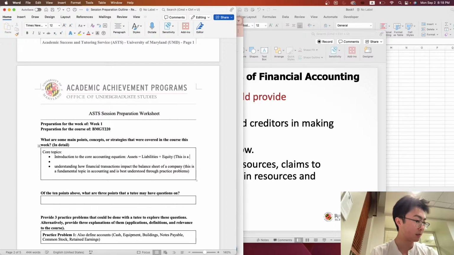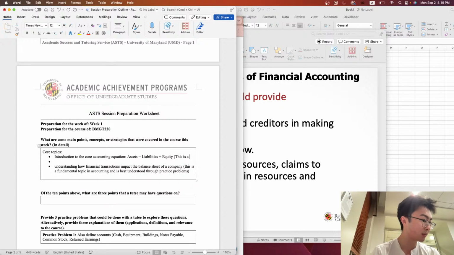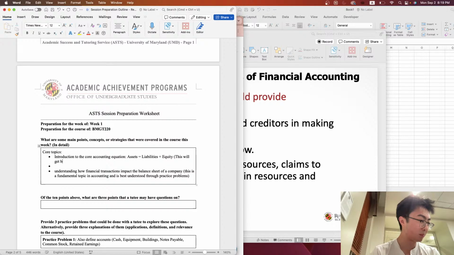This is a must. This will get burned into your brain. That is like the fundamental creme de la creme equation that you need to remember in this class.